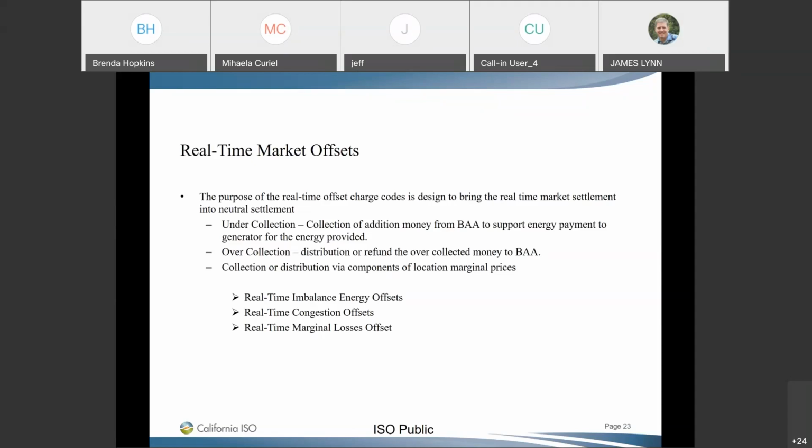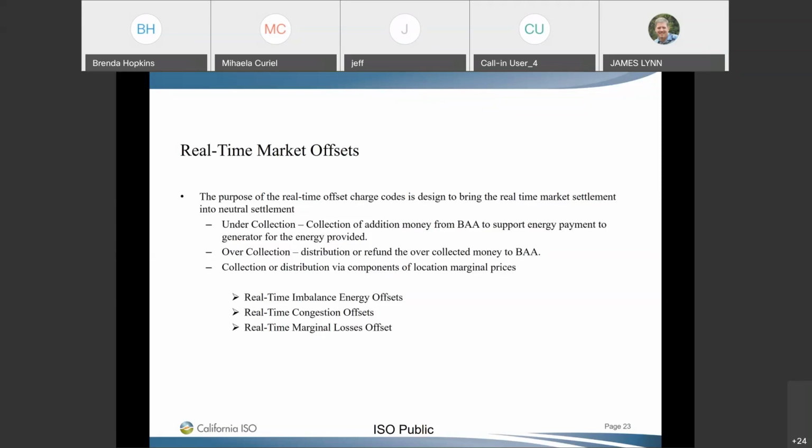What this causes is situations where I have an under-collection of money to pay the generators and supply, in essence, or an over-collection. Now, if I have an under-collection, what I'm going to do is find out who has to pay more in order to pay that generation.